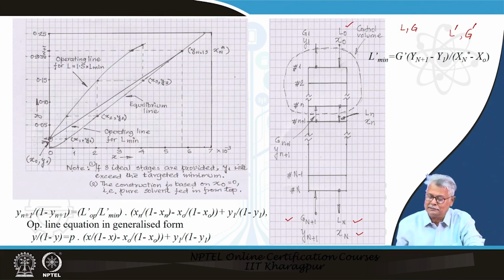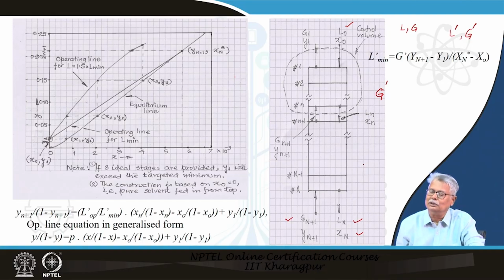Now we take a control volume and make a solute balance. The G dash remains the same all through because it is without the solute, and if we assume no liquid component goes to the gas phase, G dash will be the same throughout.